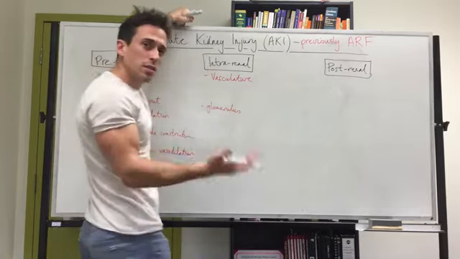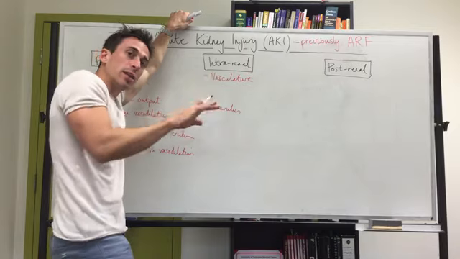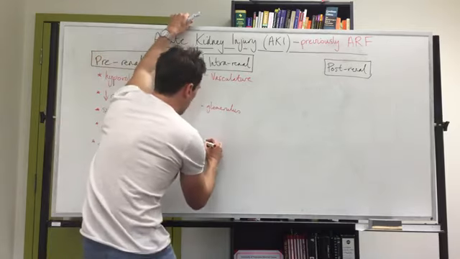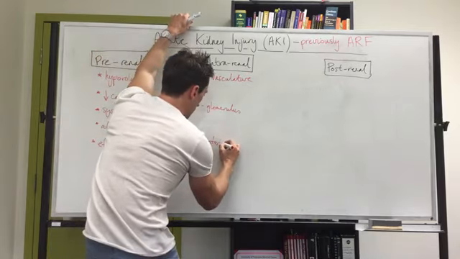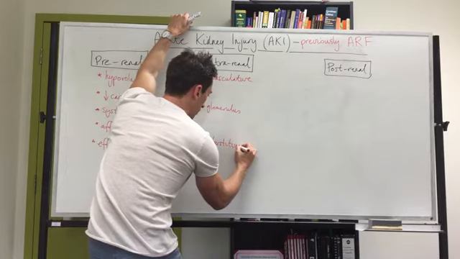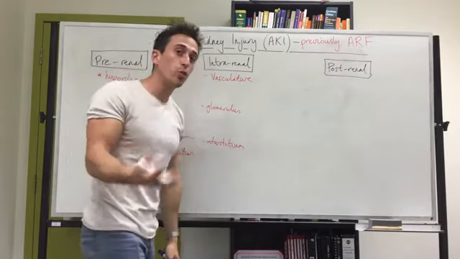It can happen to the interstitium, so the place or the space between the cells, the interstitium. And it can happen to the tubules of the nephron.